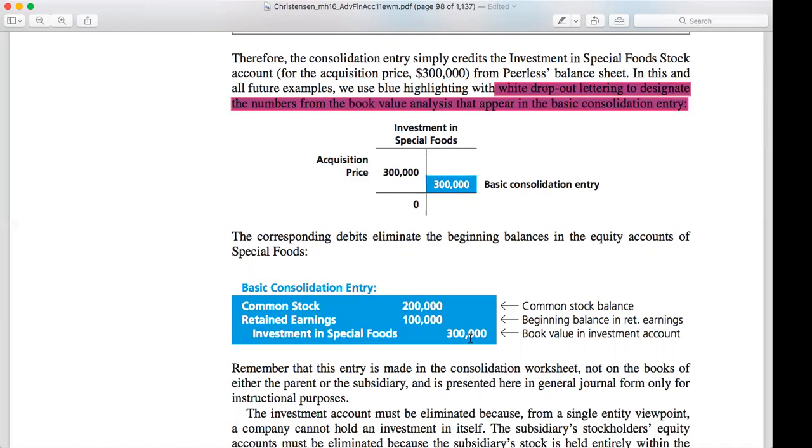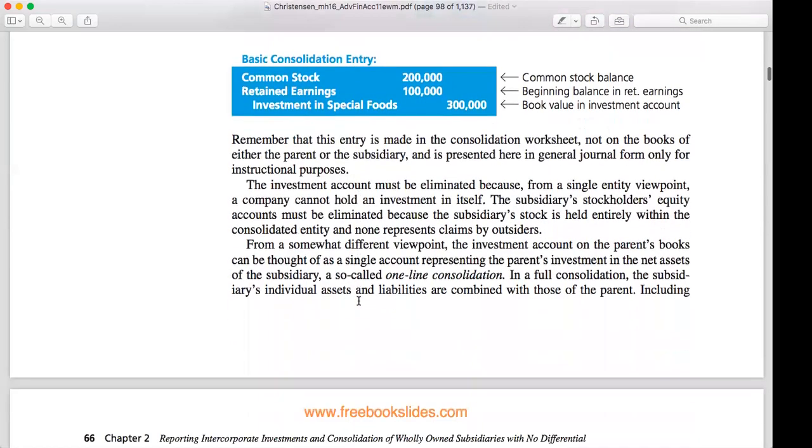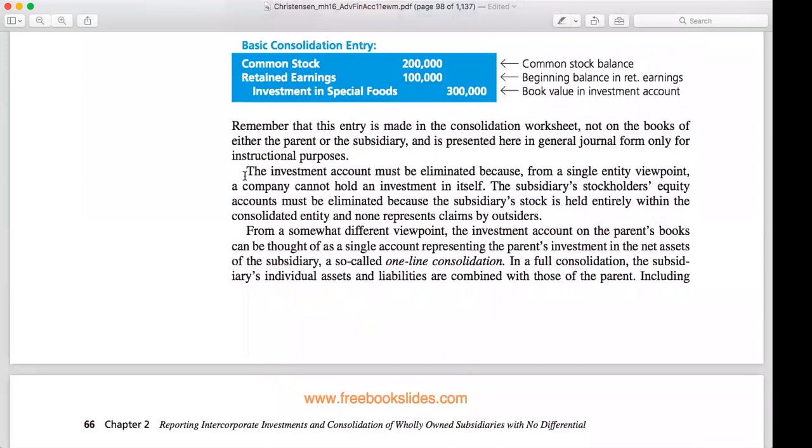So this entry is made on the consolidation worksheet, okay, everyone? So not on the books of the parent, not on the books of the subsidiary, and it's presented here as a general journal entry for instructional purposes. So the investment account must be eliminated because from a single entity point of view, the company cannot hold an investment in itself, right?